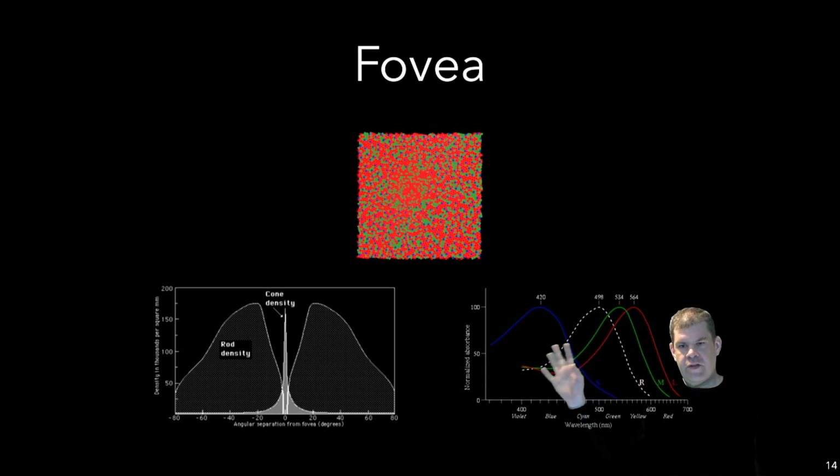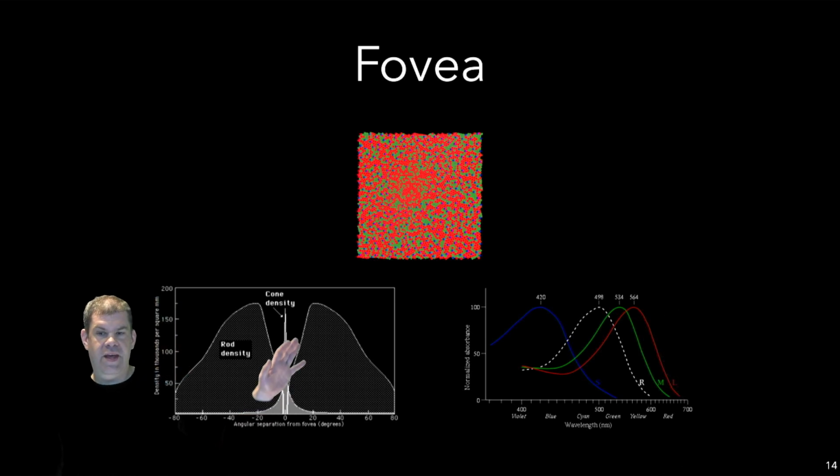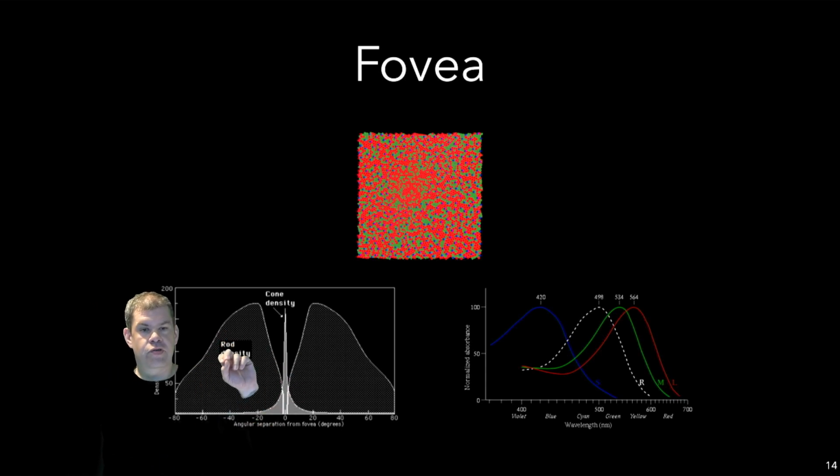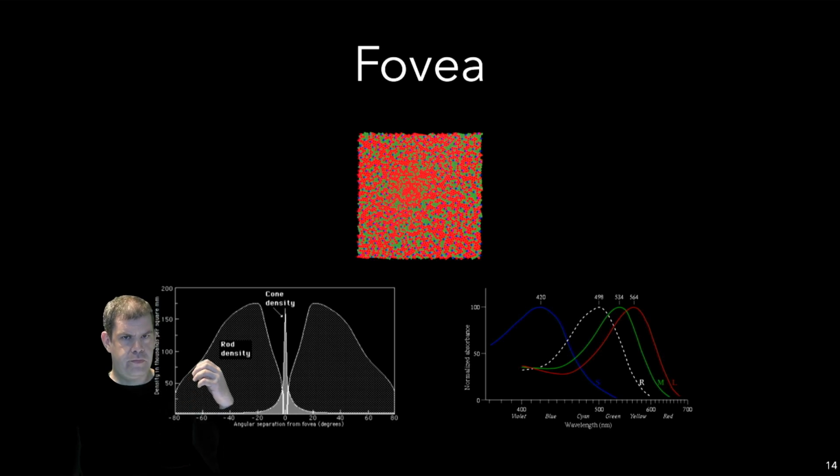We've got two graphs here at the bottom. The one on the left is a similar visualization to the one on top, but it looks at the distribution of rods and cones. At the center area, where we have the highest spatial resolution, we have a lot of cones, and towards the periphery the cone distribution significantly drops and we have more rods.